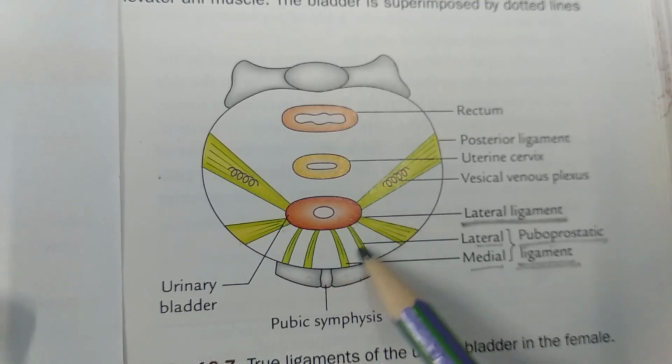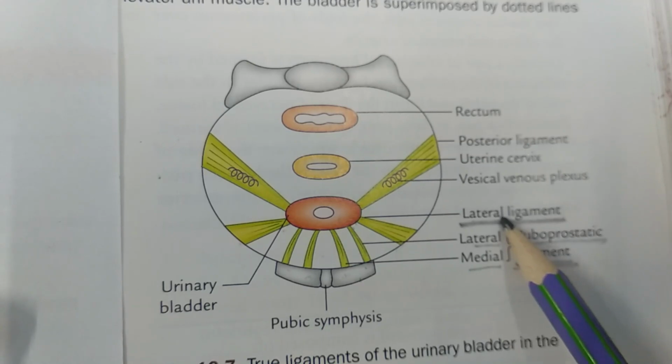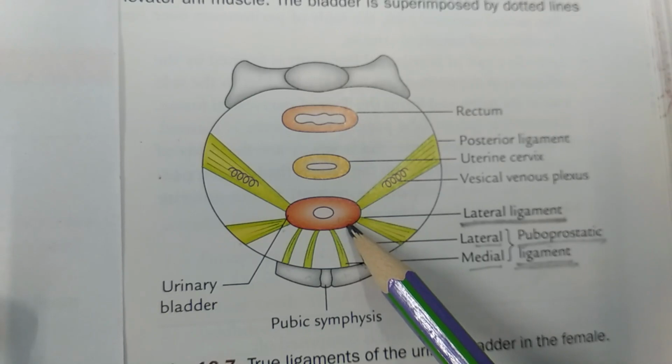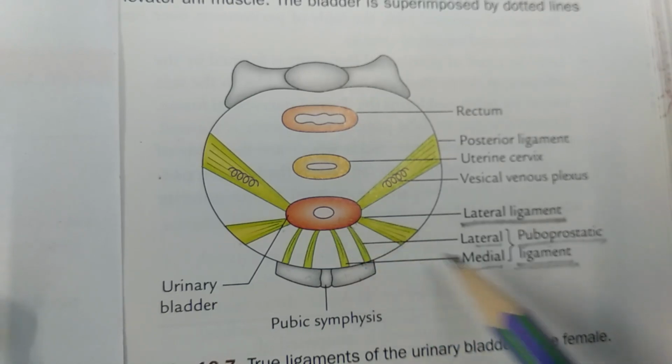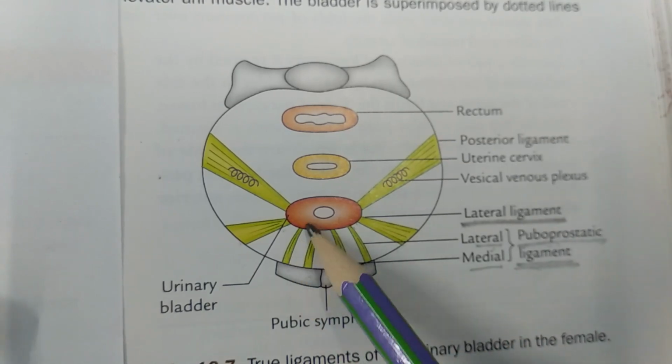So it lies in a lower portion as compared to the lateral ligaments. This is the lateral puboprostatic ligament on both sides.